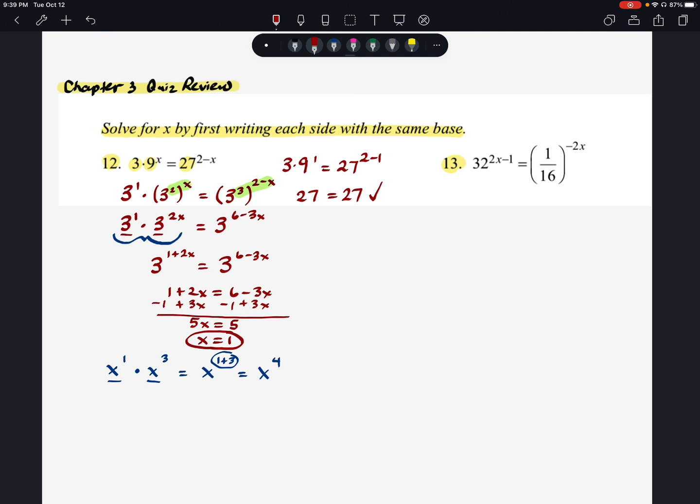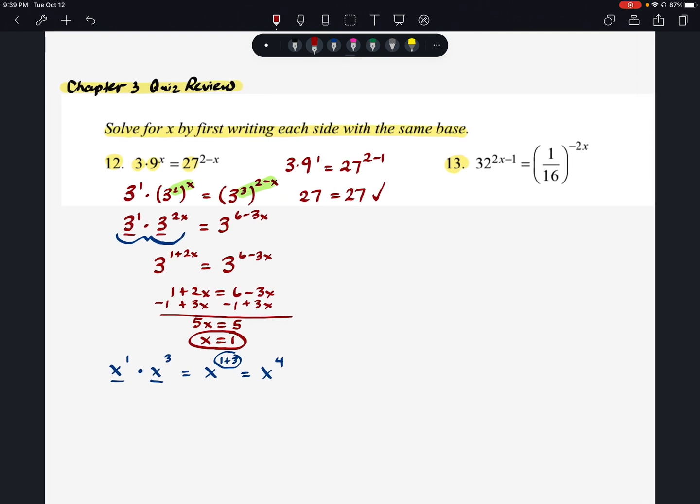We've got the same directions, so we have to look at our bases. Our base here is 32, and then our base here is 1/16. So each of those can be written as base 2. Right, 32 is 2 to the fifth power, still raised to the power of 2x minus 1.